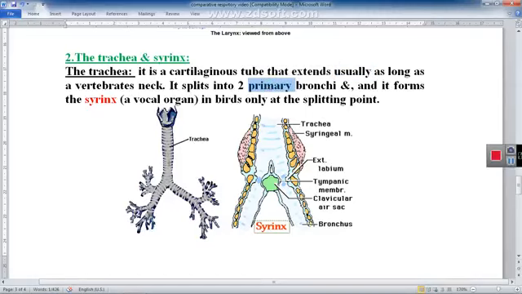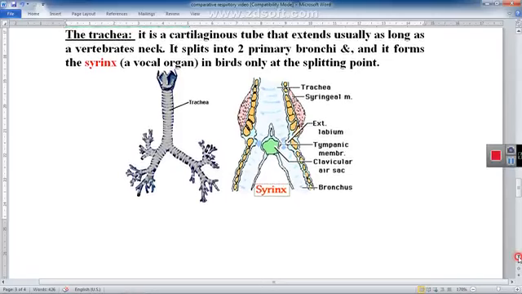In birds, the bifurcation or splitting of the distal end of the trachea shows the syrinx, which is the vocal organ in birds. So the splitting usually produces primary bronchi, but only in birds the site of splitting at the distal end of the trachea shows the syrinx, which is the organ of voice production. It's only seen in birds.